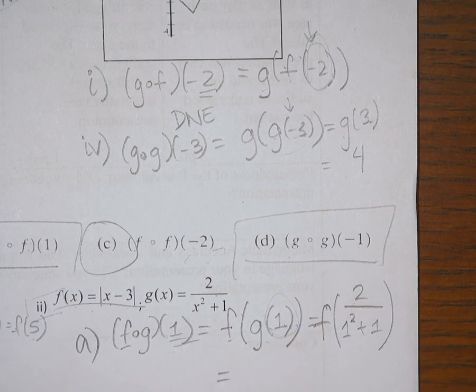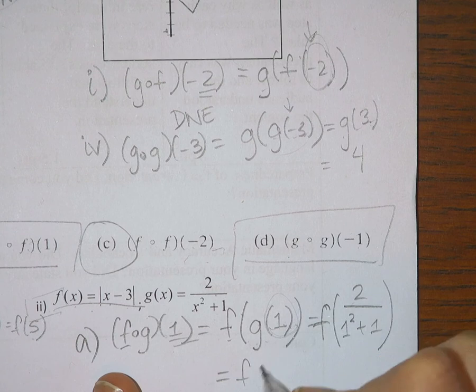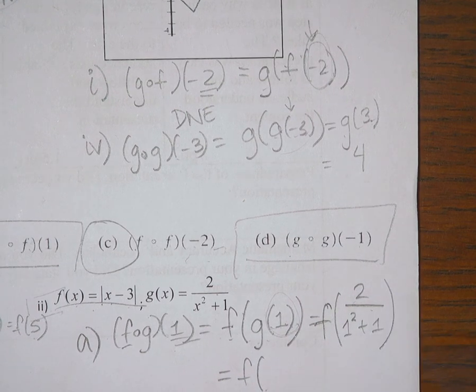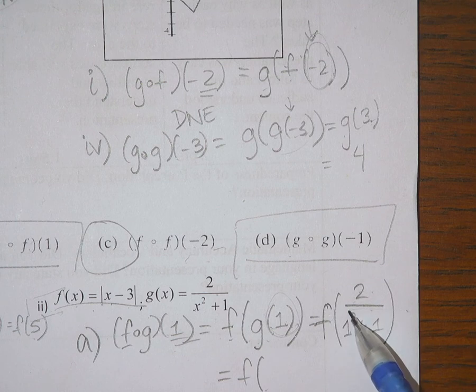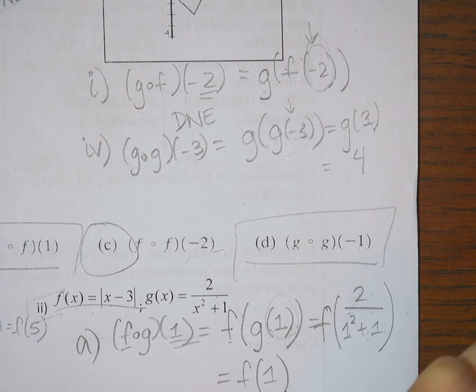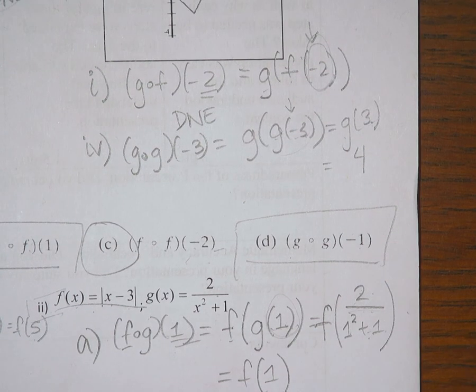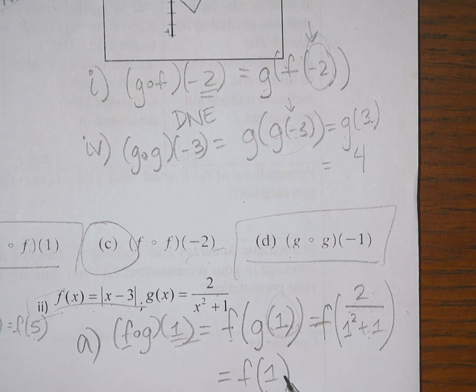still inside of the function f, which, if I do my calculations, I have 2 over 1 squared is 1 plus 1 is 2, so 2 divided by 2, which is 1. So now I'm going to find f of 1.